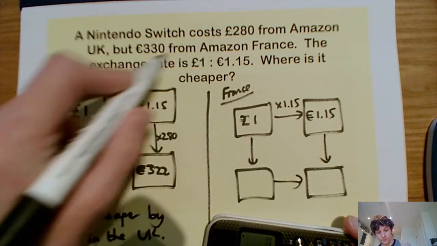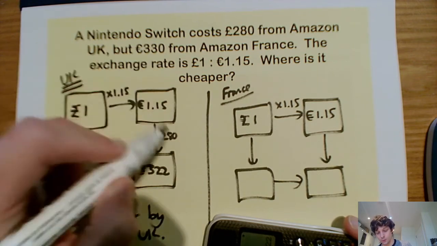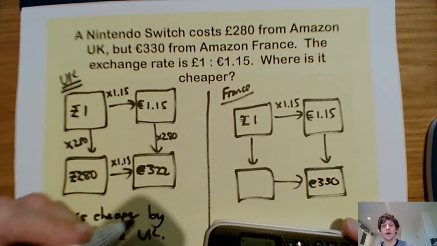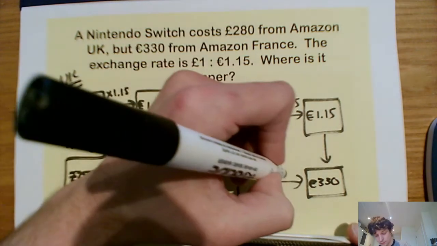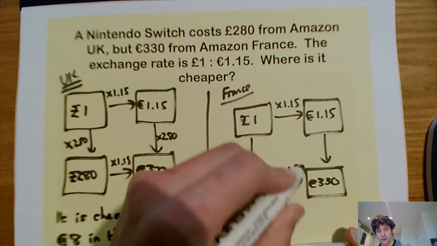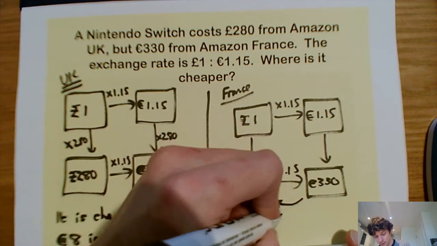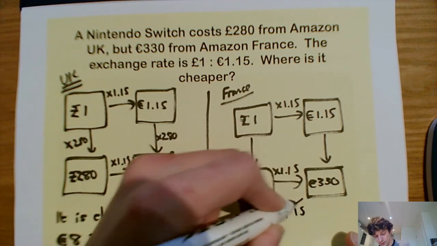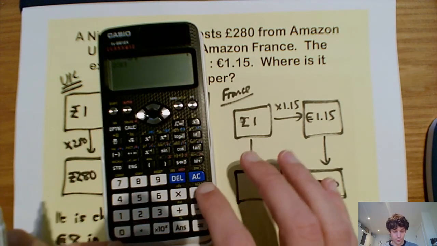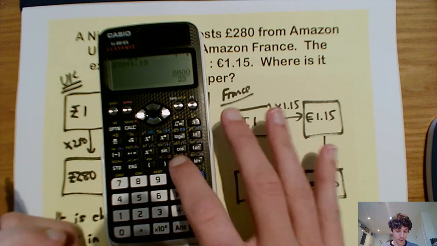This time we've got 330 euros from Amazon France, and I want to find out how much that is in pounds. So to go from left to right, I'm multiplying by 1.15. So I need to do the inverse to go from right to left. I need to divide by 1.15. So we've got 330 divided by 1.15.